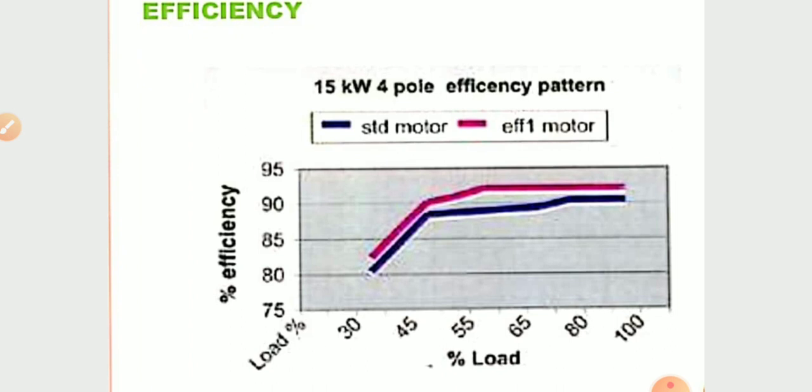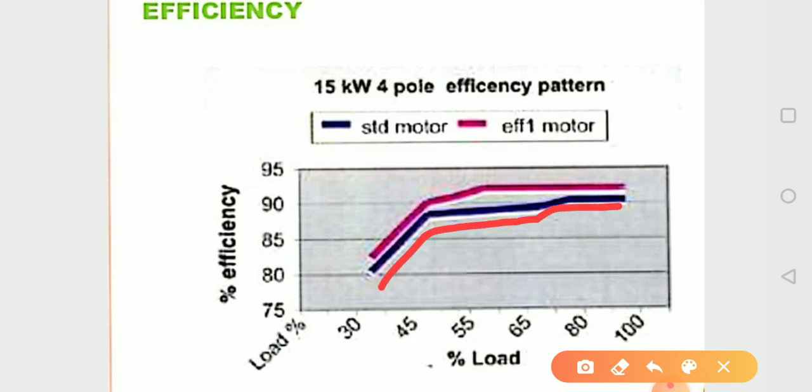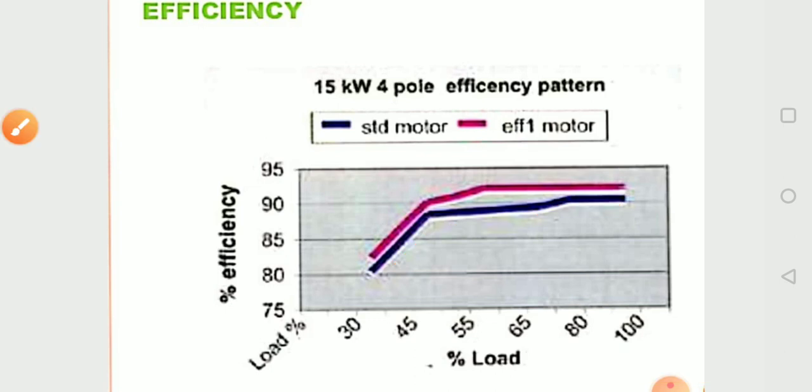Now if we see the efficiency graph for the standard motor and the energy efficient motor, this is the graph for the standard motor by the blue line, and the pink line is the graph of efficiency of the energy efficient motor. So we can say the efficiency of the efficient motor is higher than the standard motor.